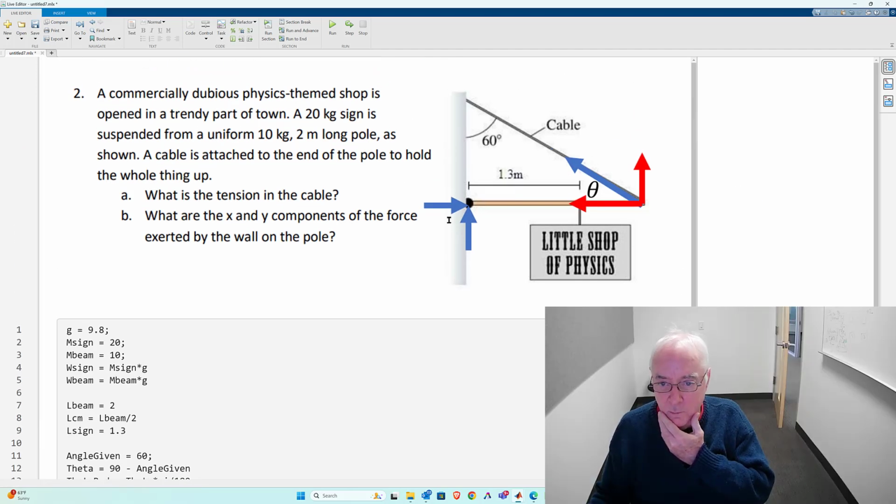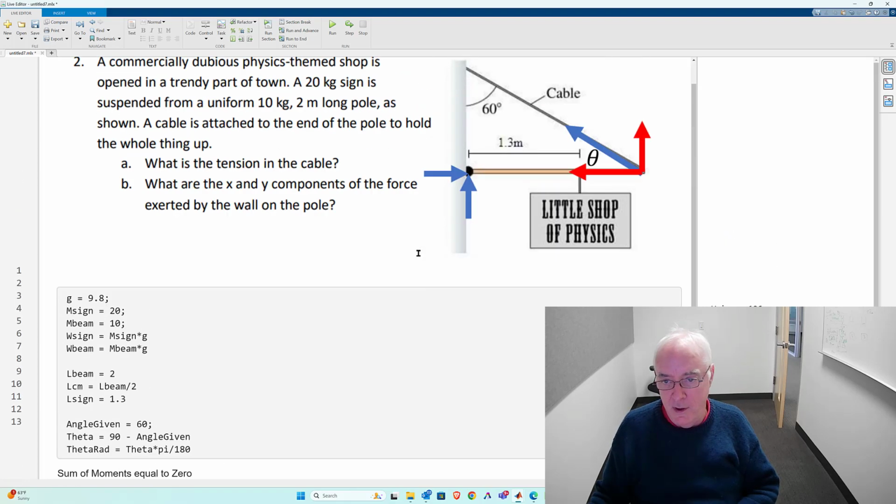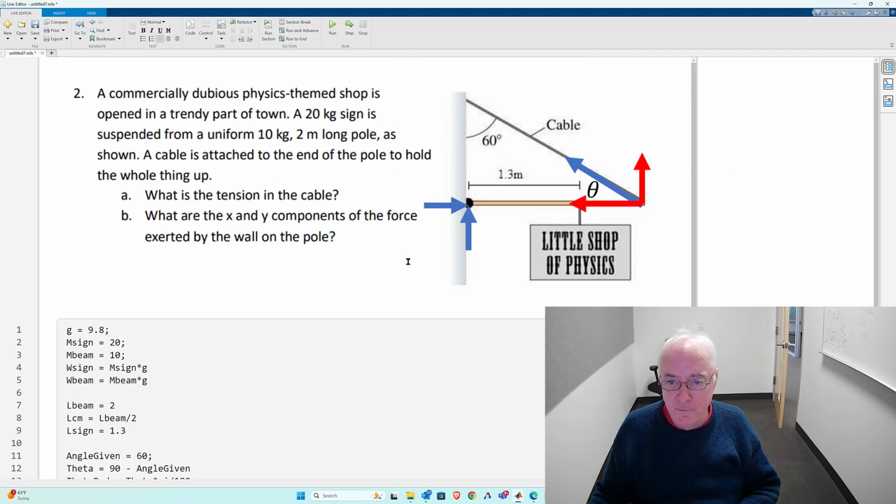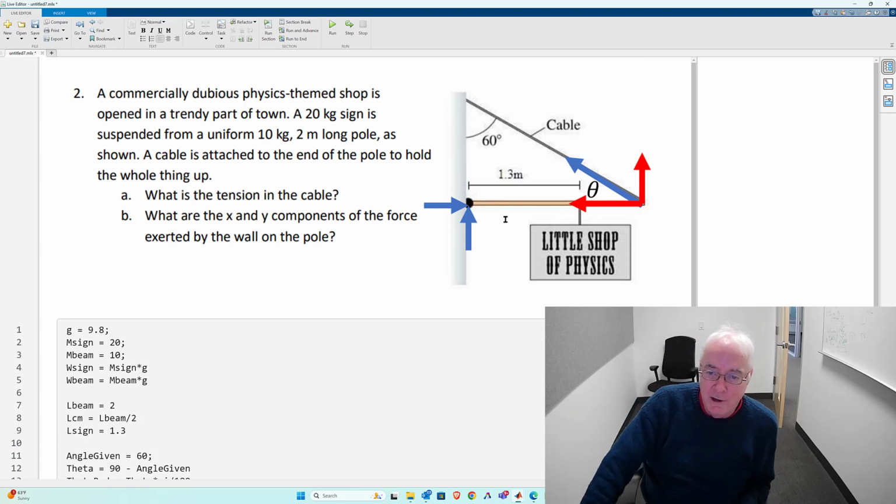Now we're going to get these x and y components, which I've got as these small blue arrows representing that. And so how do we do that? Well, we've already used sum of moments equal to 0, so let's go for the low-hanging fruit and do x first. There's the reaction force in x, and there's the x component of tension right there.